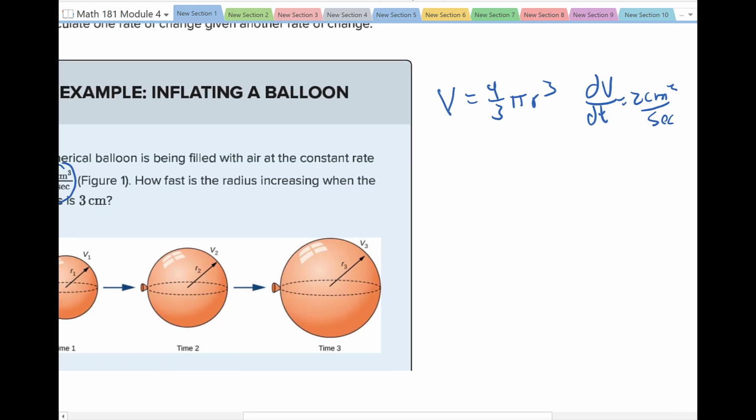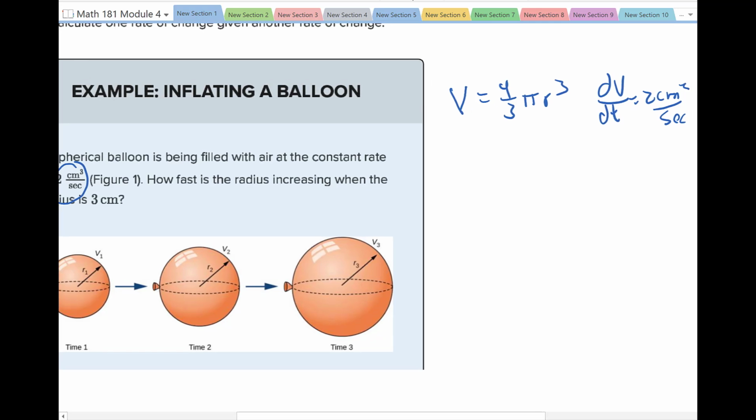When we do this, we're going to take the derivative of both sides. We're going to take the derivative with respect to t of V equals the derivative with respect to t of 4/3 pi r cubed. On the left side, that's pretty straightforward.